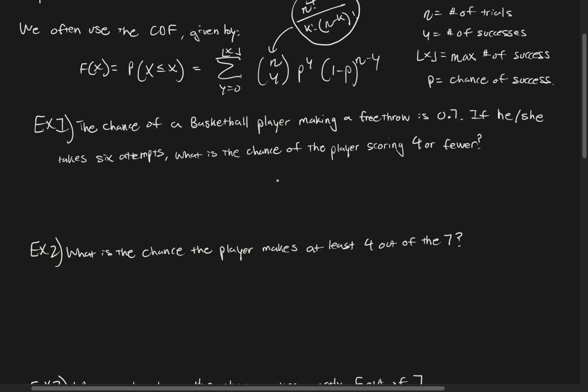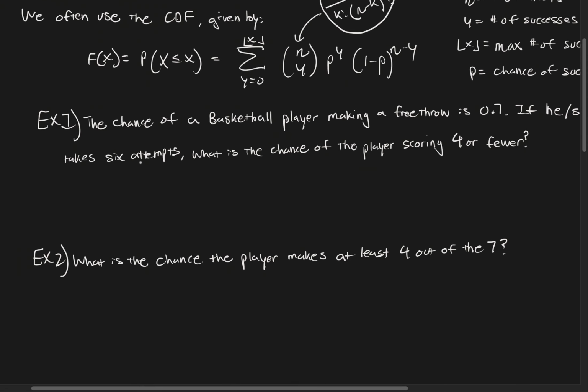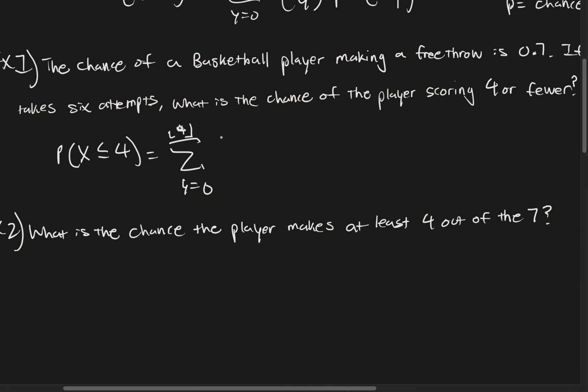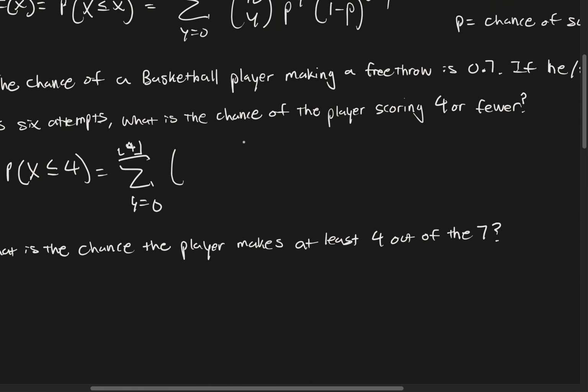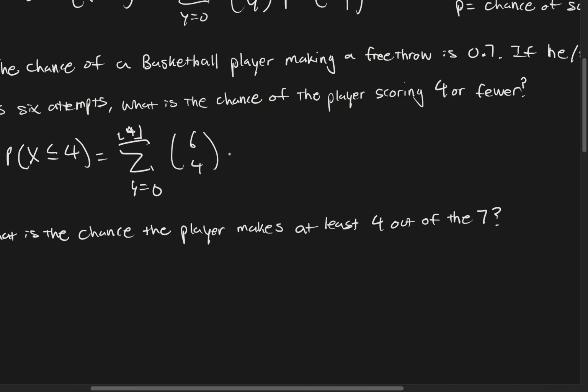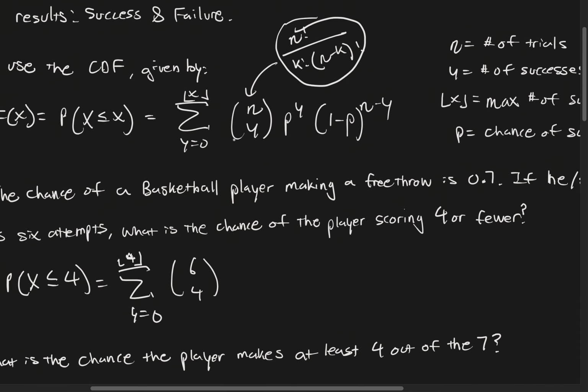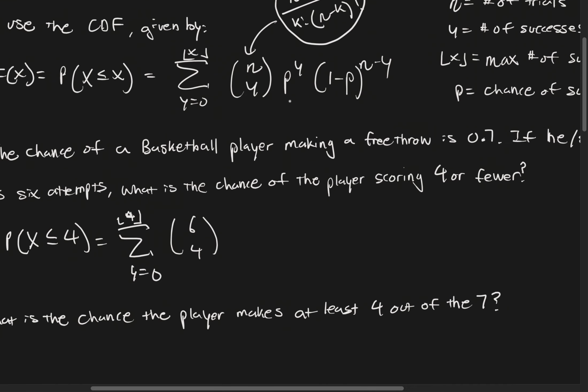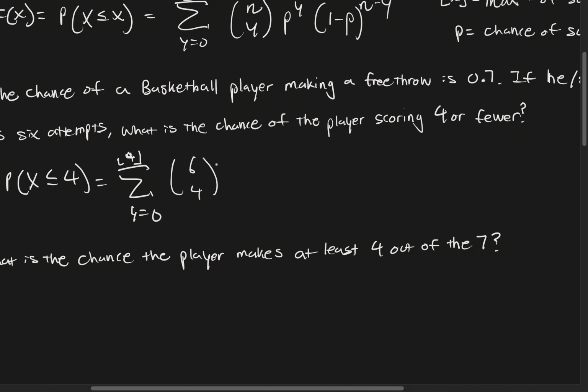If we want to find the chance of the player scoring 4 or fewer, we can write that as the probability of x being equal or less than 4, the sum over y equals 0 to 4 of the binomial coefficient of shooting 6 times with 4 successes. Again, we don't want to do this by hand unless we're asked to, which in most cases you won't be.